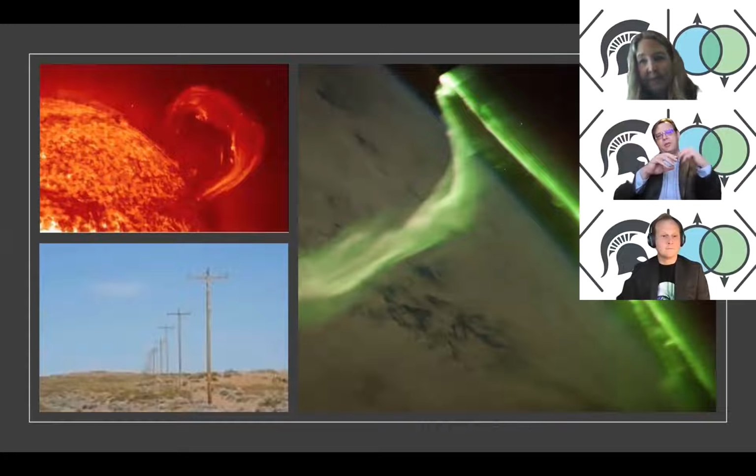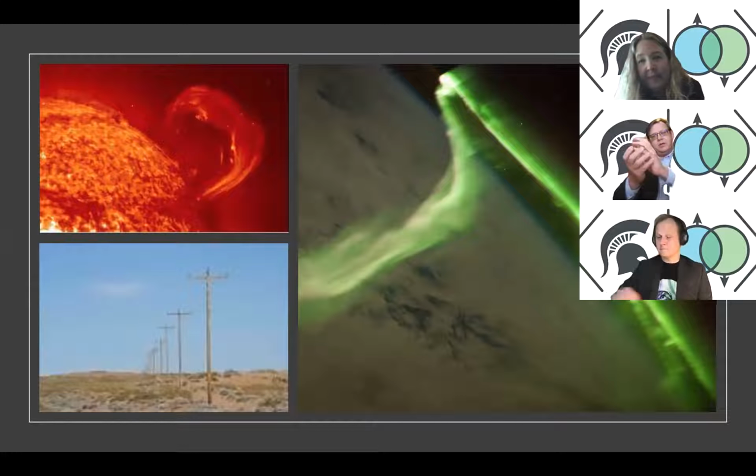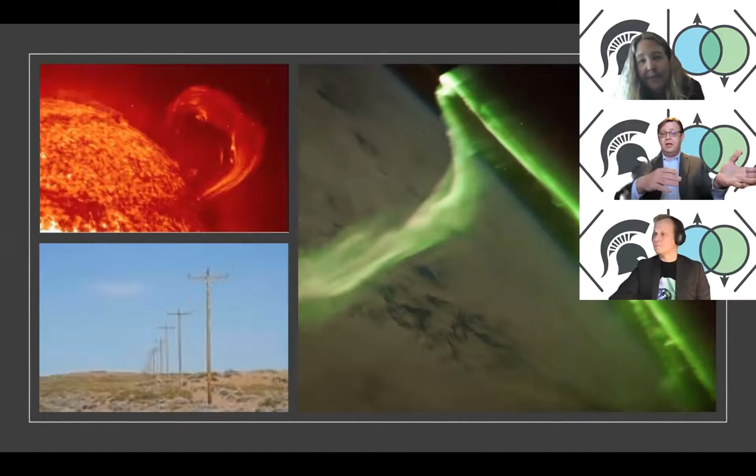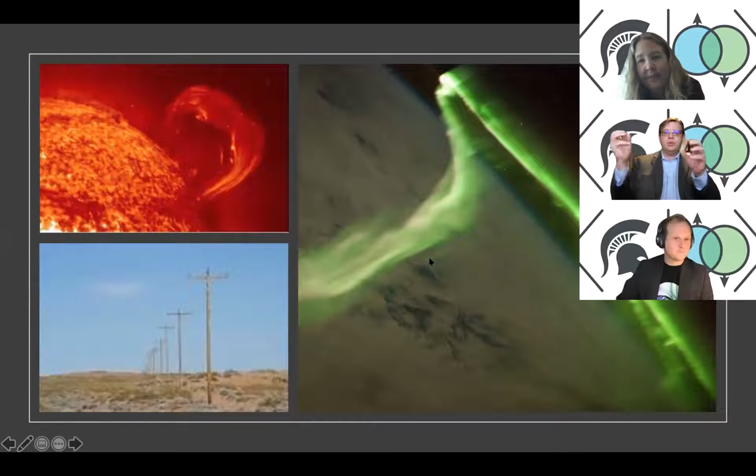When a big solar flare, which is hot gas coming from the sun that's been ionized, flies towards the Earth, if it hits the Earth's magnetic field, those charged particles get trapped in the magnetic field. This big picture on the right is the aurora borealis, but it's specifically due to a solar flare having hit the Earth.